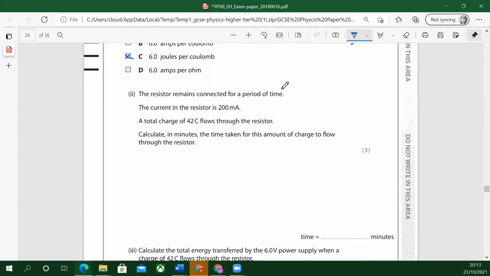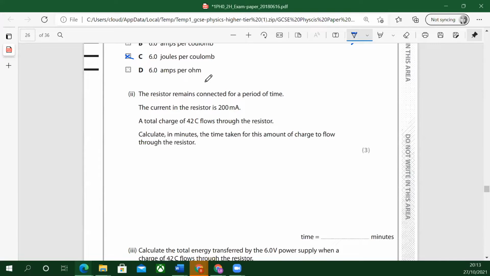The resistor remains connected for a period of time. The current in the resistor is 200 milliamps. A total charge of 42 coulombs flows through the resistor. Calculate in minutes the time taken for this amount of charge to flow through the resistor.